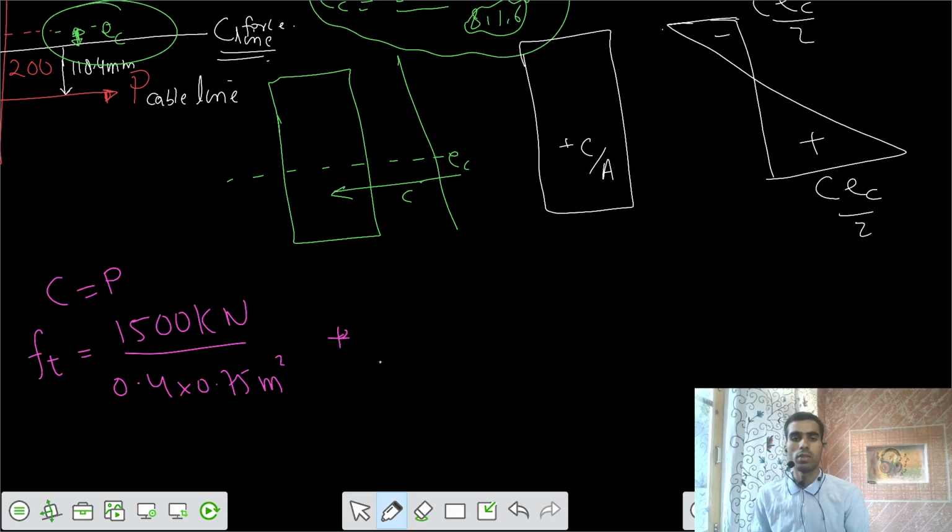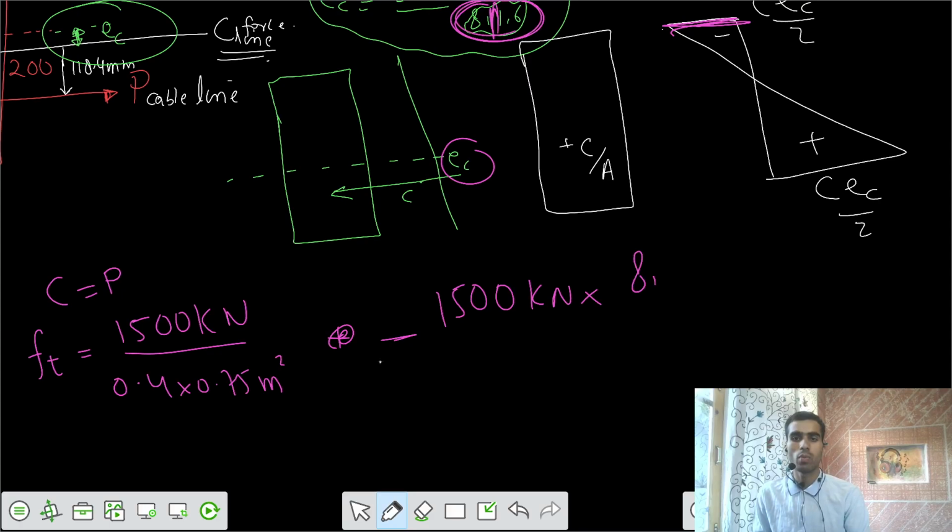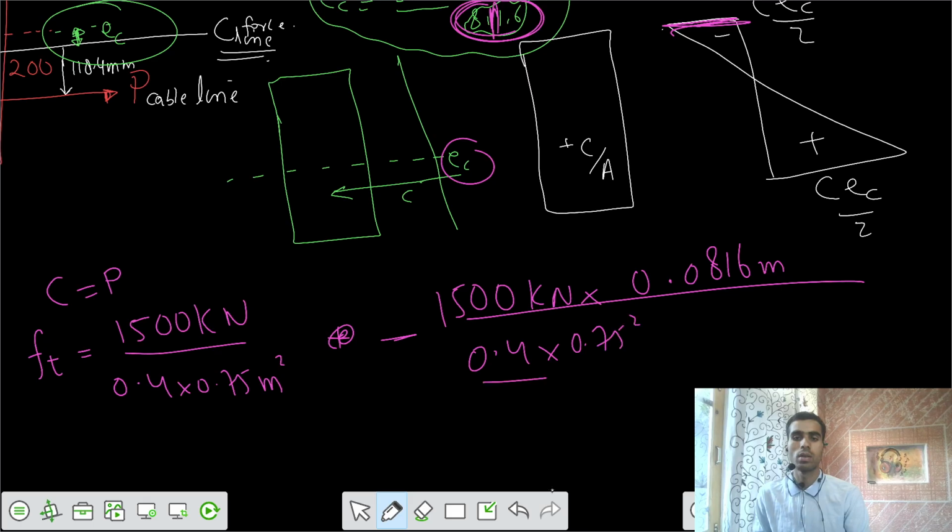Plus, I would say minus, because at the top we have negative, C EC by Z. The value of EC we calculated as 81.6, which we can write in meters as 0.0816 meters, by Z, the section modulus BD squared by 6 meter cube. So you can solve that.